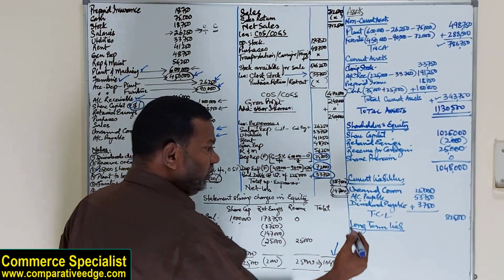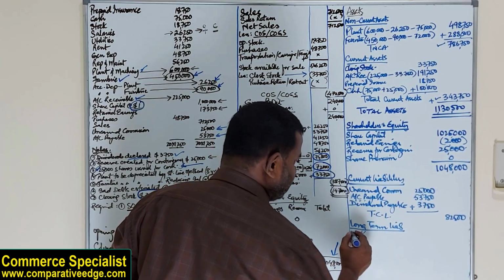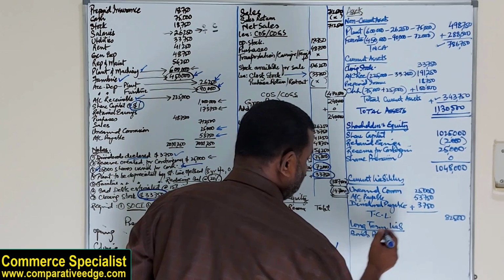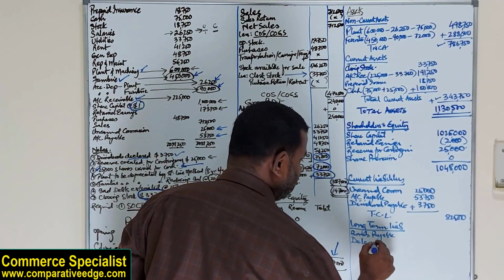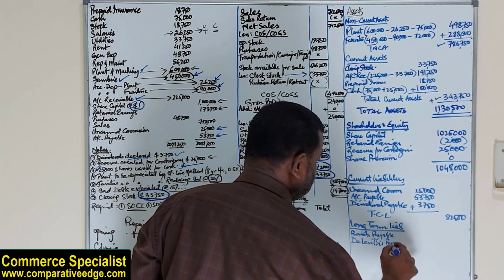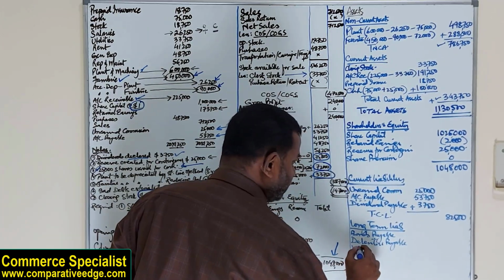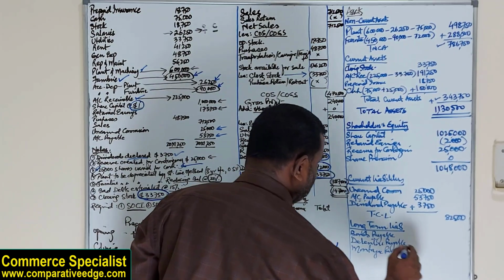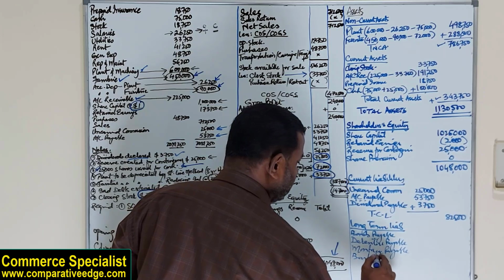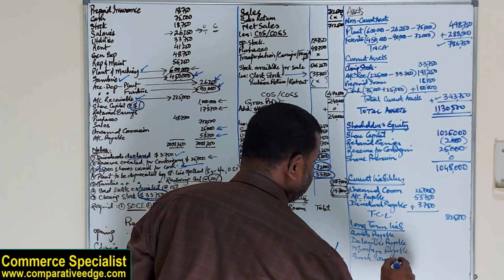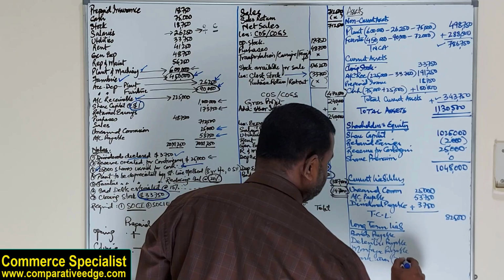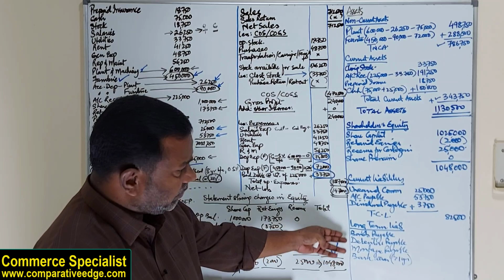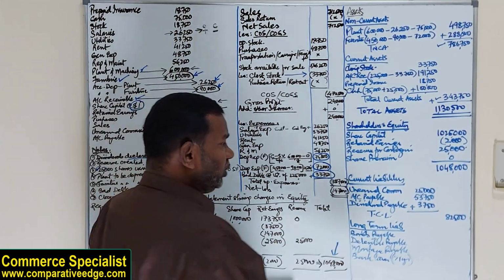These are normally what may come under long-term liability: bonds payable or debentures payable, or mortgage payable, maybe a bank loan which is payable in more than 1 year's time.